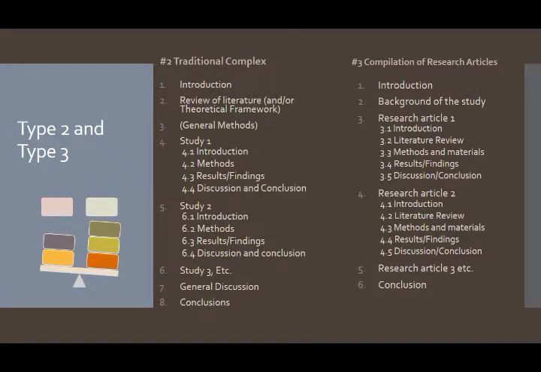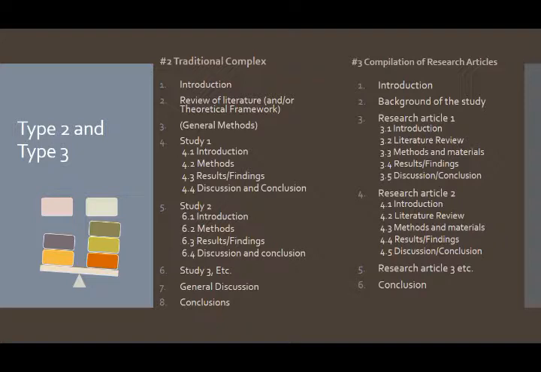Here we have the second and third types of macro structures side by side because they look rather similar to students at first glance. So it's a good idea to look at them side by side. Type number 2, called traditional complex, follows the traditional structure in that it has an introduction, it's got the review of literature, a methodology, and a results and conclusion section.